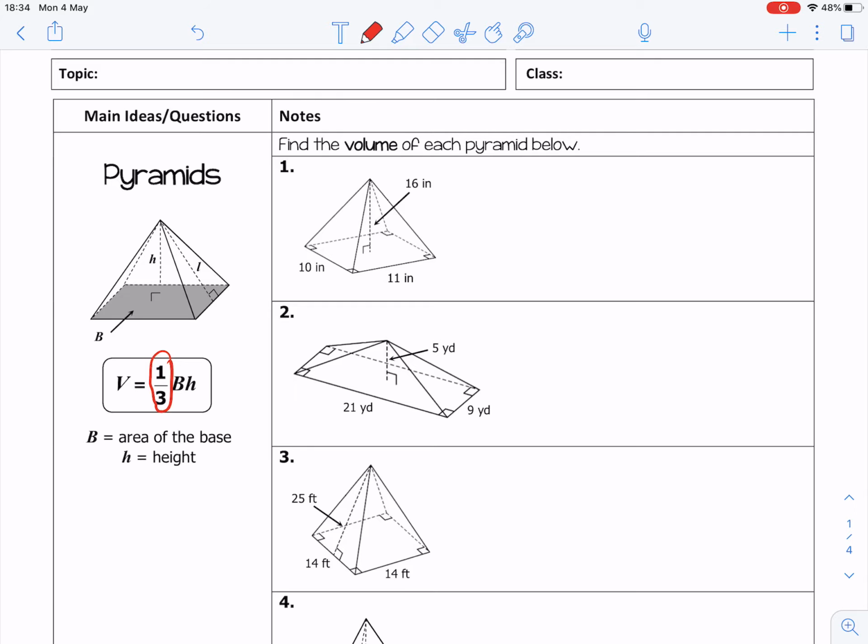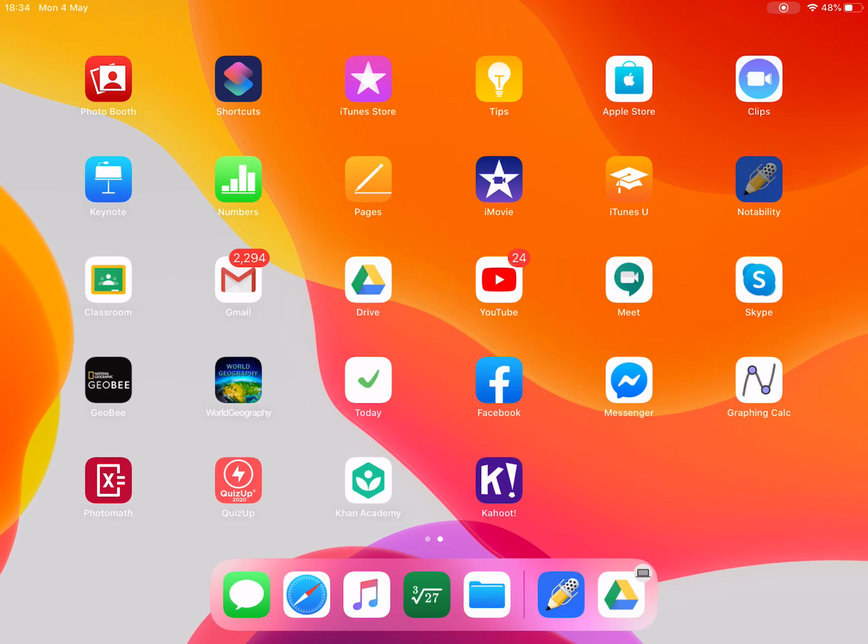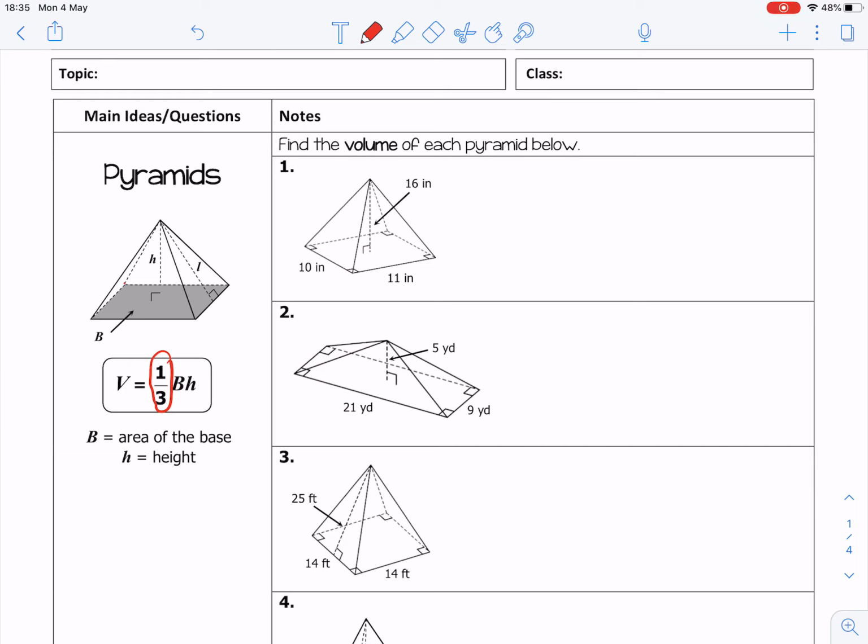So the 1/3 comes from it being 1/3 of the base prism it comes from. So in this case, it's going to be a rectangular base. And so if it went all the way up, this would be a rectangular prism. So a rectangular pyramid would be 1/3 the volume of a rectangular prism.